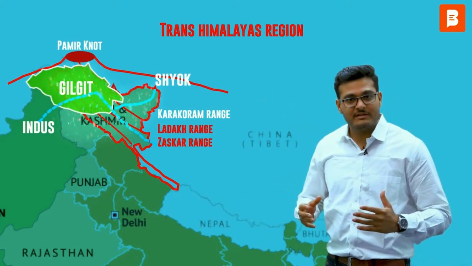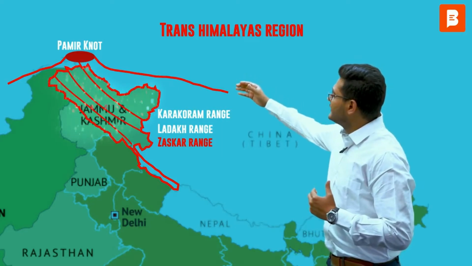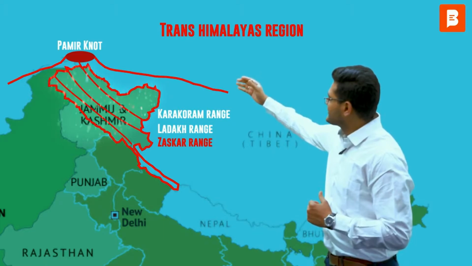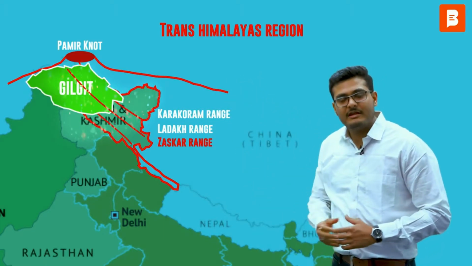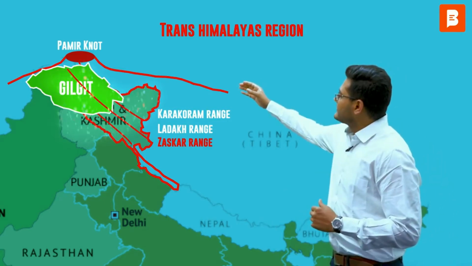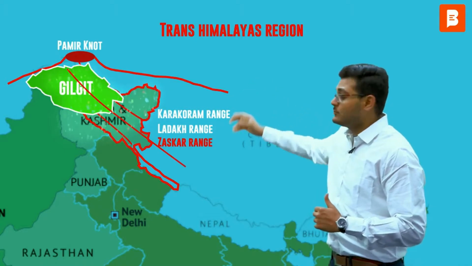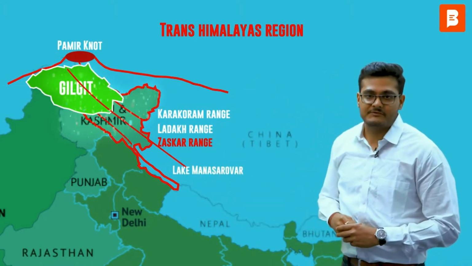Now let's look at the Ladakh range. The Ladakh range is to the northeast of the Karakoram range and falls in the Indian state of Jammu and Kashmir, with its northern tip extending into Gilgit-Baltistan in Pakistan. These ranges extend into China, where they are known as the Kailash ranges, which include the very important pilgrimage site Mount Kailash and Mansarovar Lake as well.